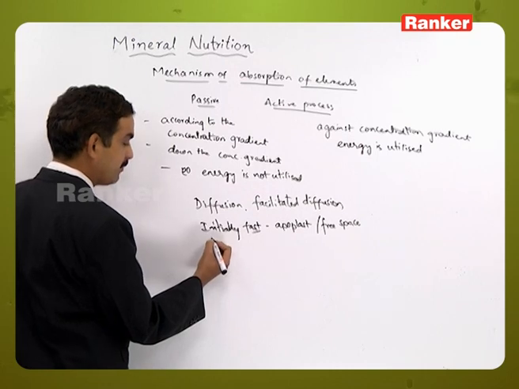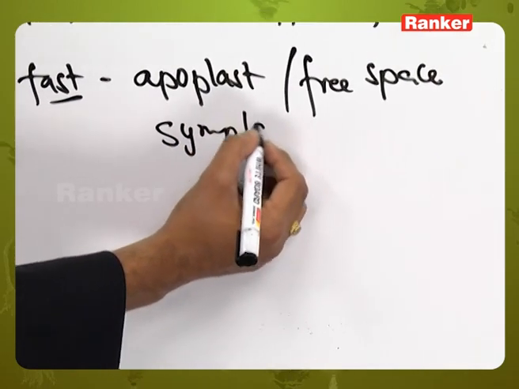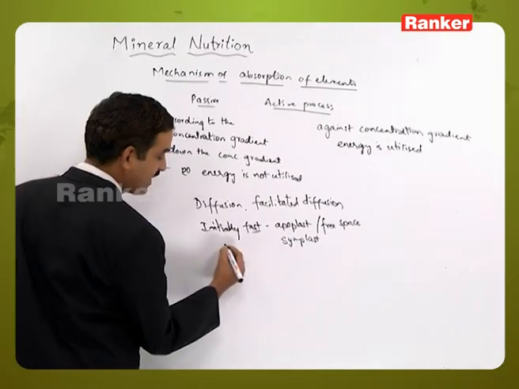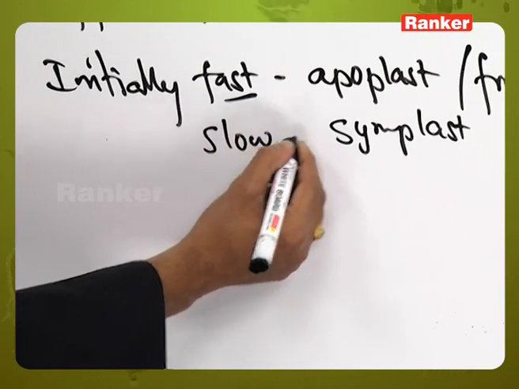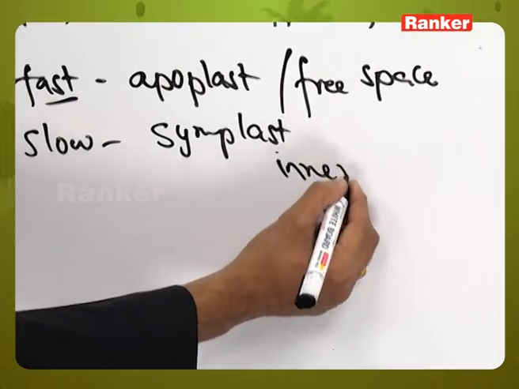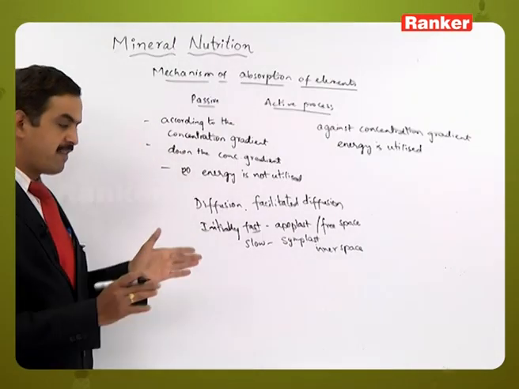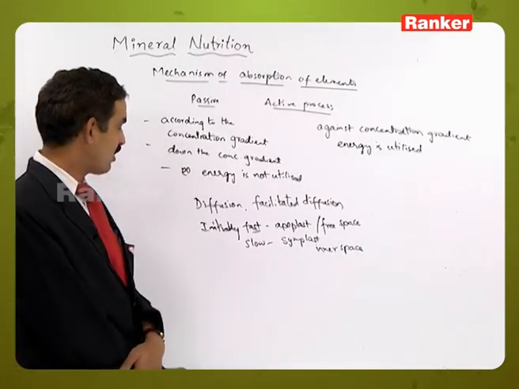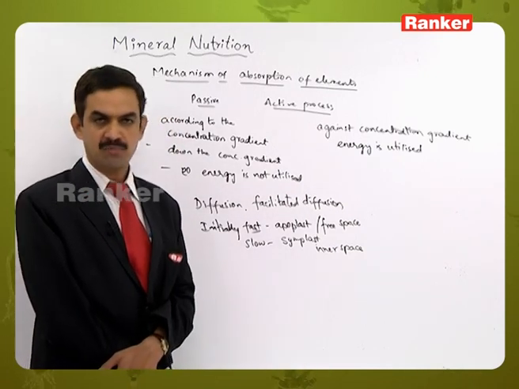Later, when it has to enter from the apoplast into the symplast, that is the inner space, the movement becomes slower. So likewise the variation can be seen in the movement of the ions either in the free space or in the inner space of the plants.